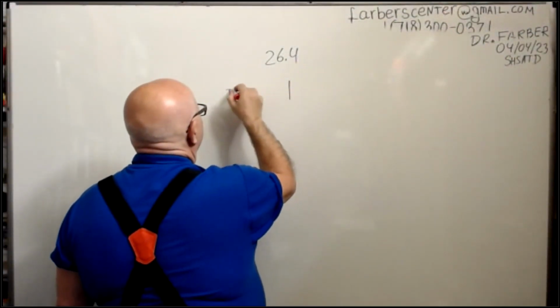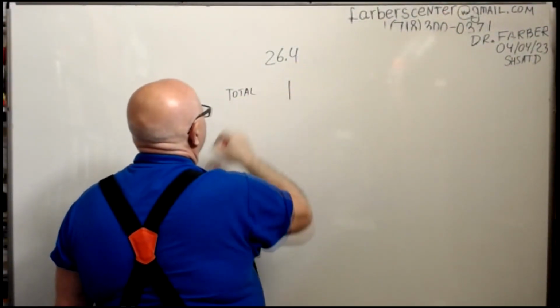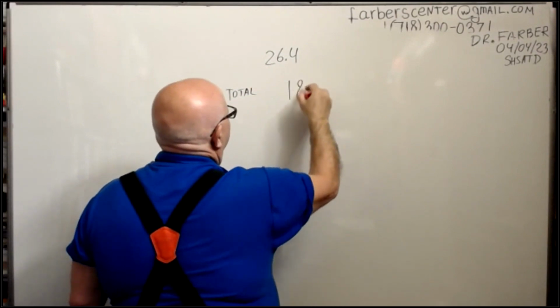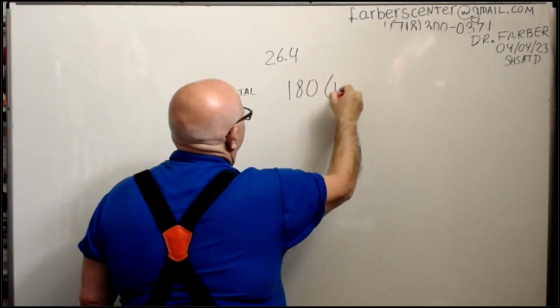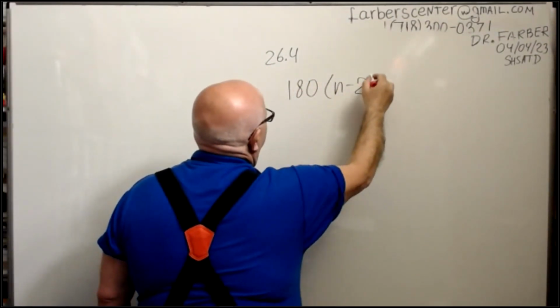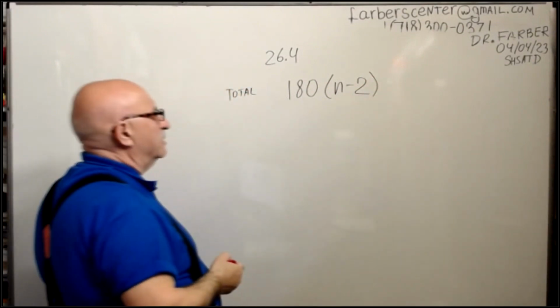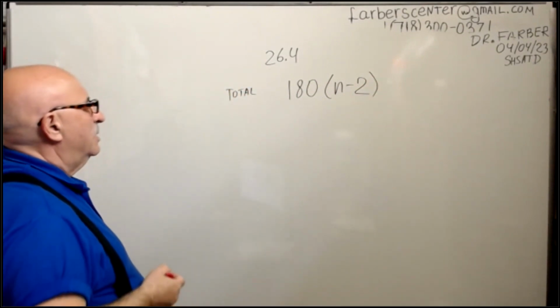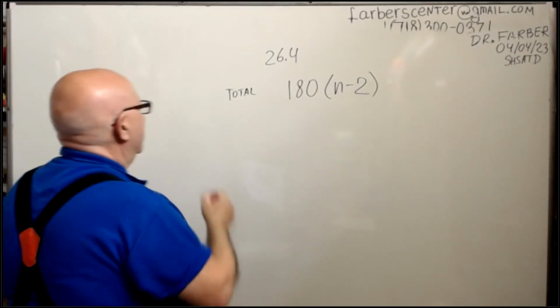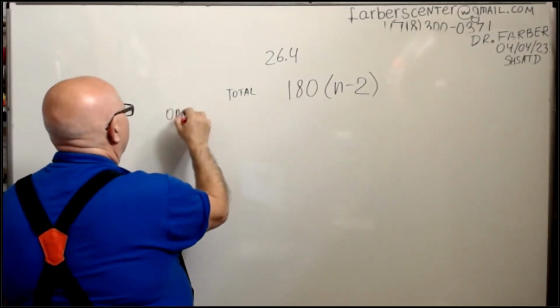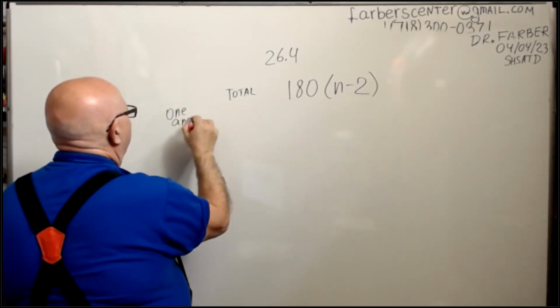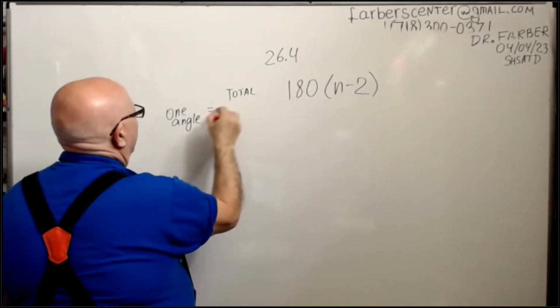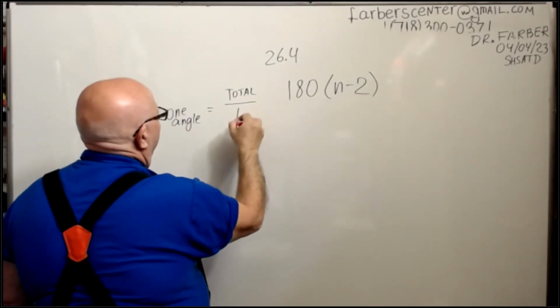This is the total: 180 times n minus 2, where n is the number of sides or number of angles. How to find one angle? If the polygon is regular, you have to divide everything by n, right?